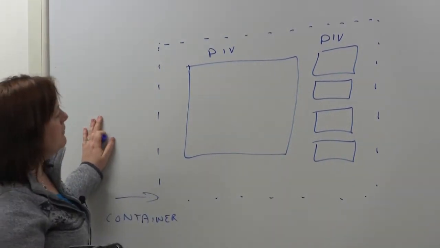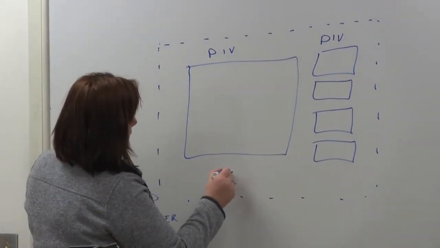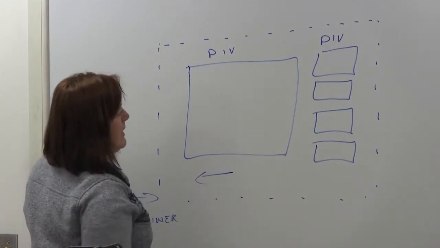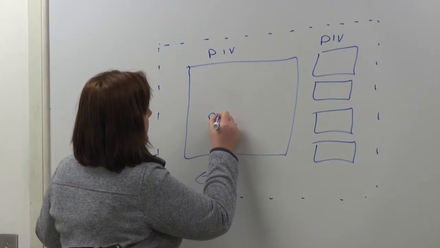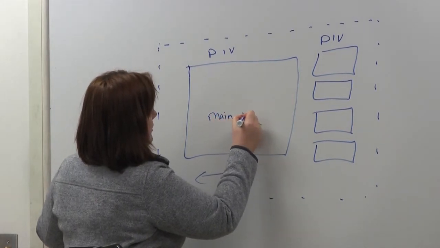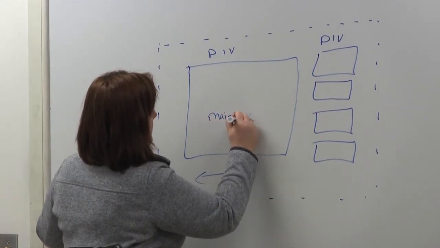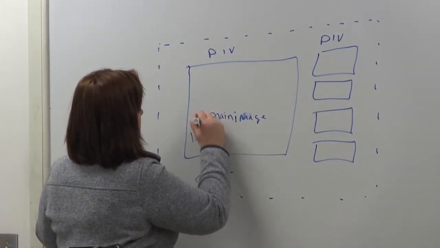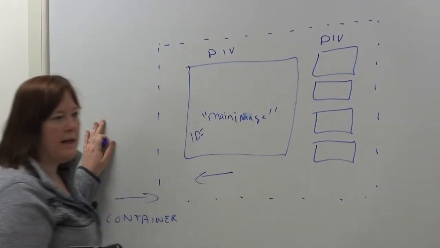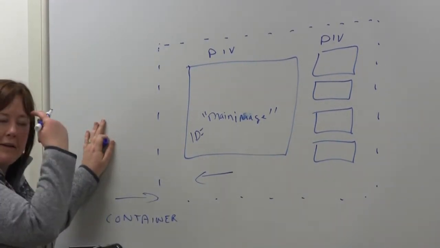And they're both going to float to the left of the container, and I'm going to put on this image, which will be called main image, no spaces. And so that's its ID, because the ID will allow us to put specific CSS characteristics on it.